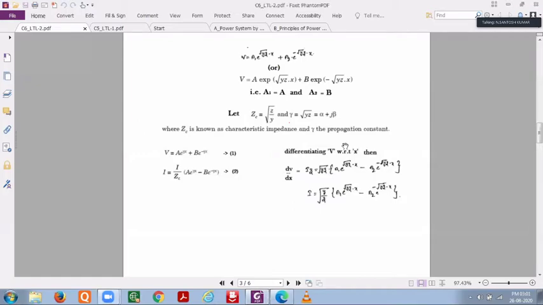Here, I am taking an assumption. What is that assumption? I am considering under root Z by Y as Zc and root YZ as gamma, which if you write further will be alpha plus j beta.